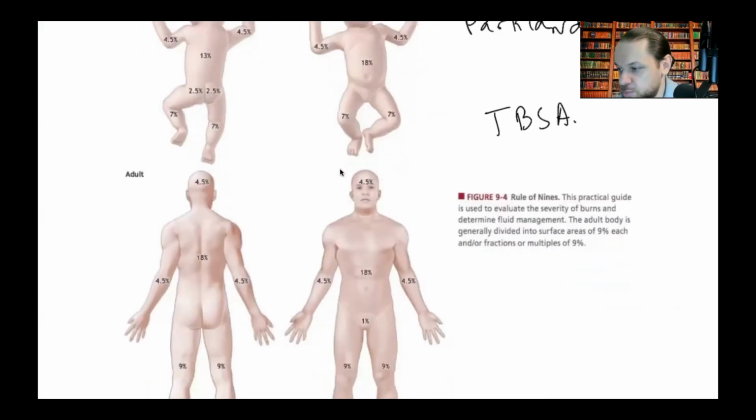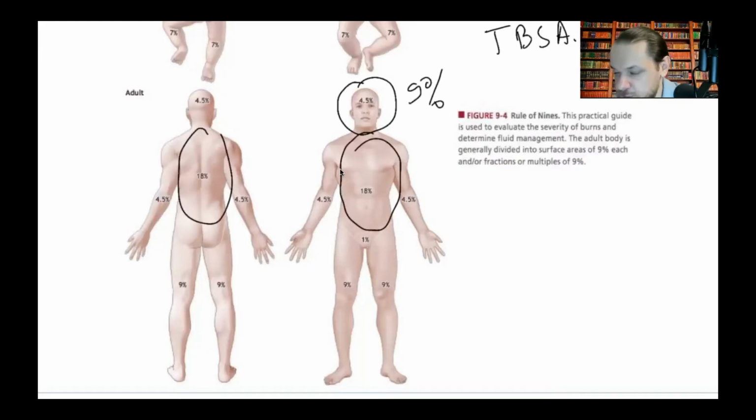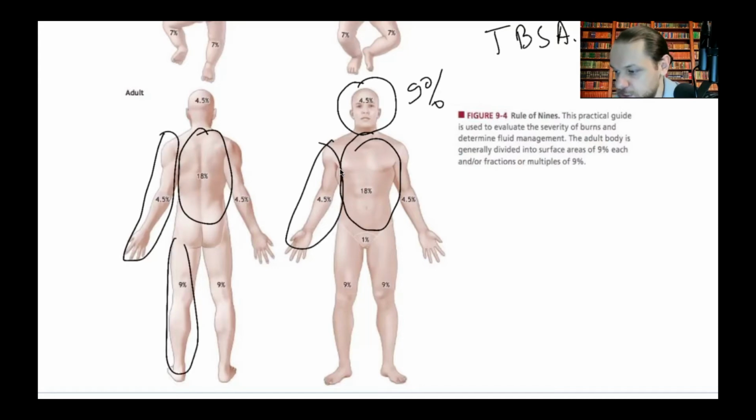So for an adult person, the head, front and back, makes up 9%. The chest and the abdomen make 18%. The back makes 18%, so the torso makes 36%. The arm anterior and posterior surface makes 9%, and the legs anterior and posterior surface, right, make 18%. This is 36 front and back.